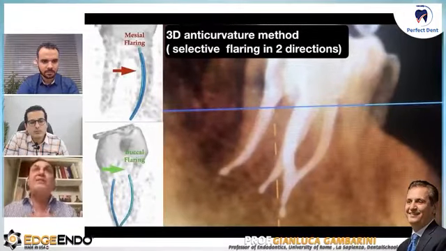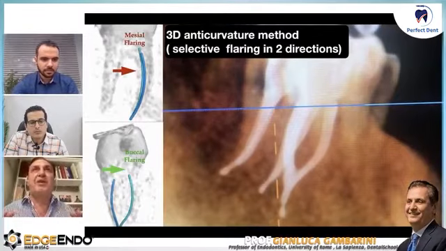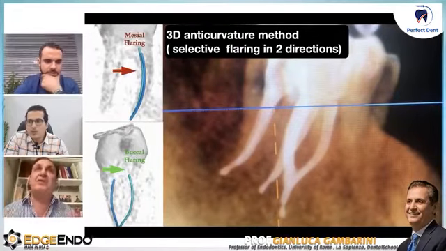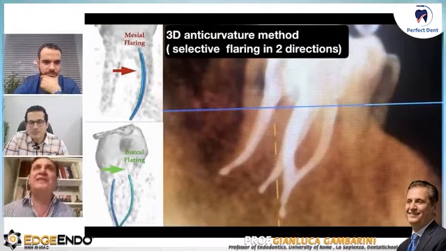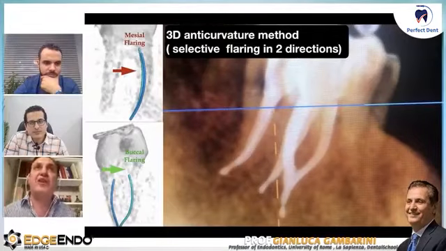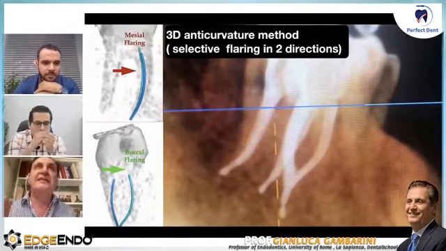When you do the flaring for shaping purposes, I'm not speaking about cleaning purposes. For cleaning purposes, you don't have to cut anything. You only have to touch the canal wall. But when you do the flaring for shaping purposes, you don't need to touch 360 degrees of the canal. You only need to cut selectively.